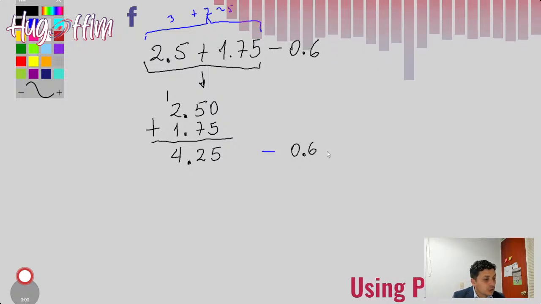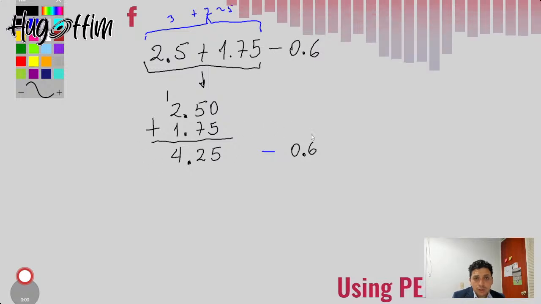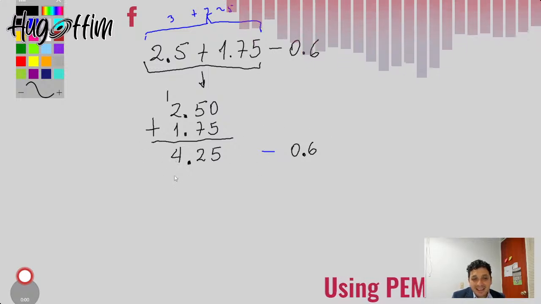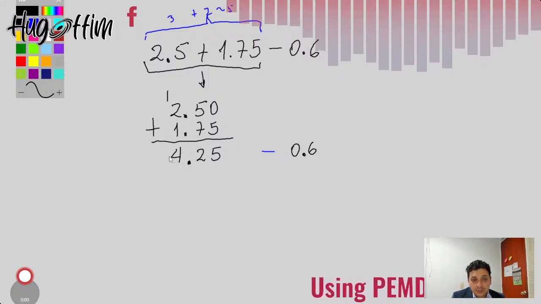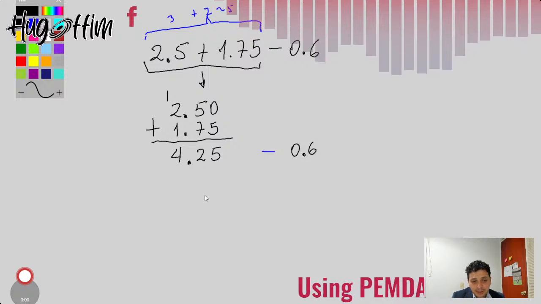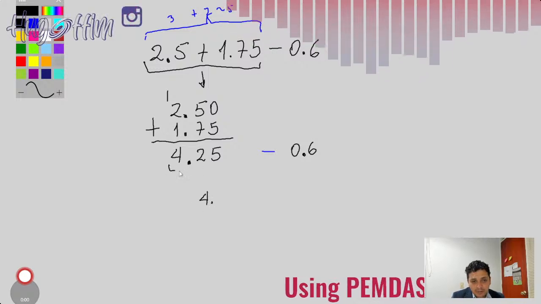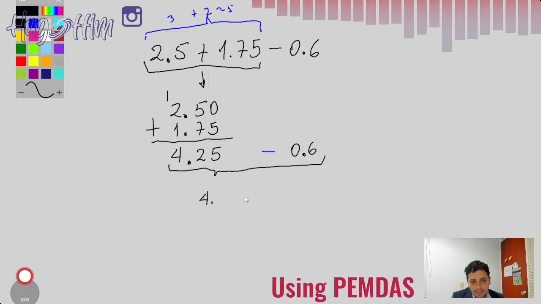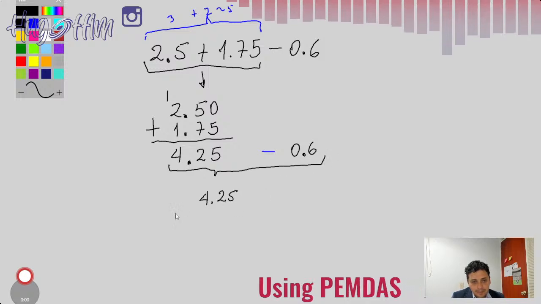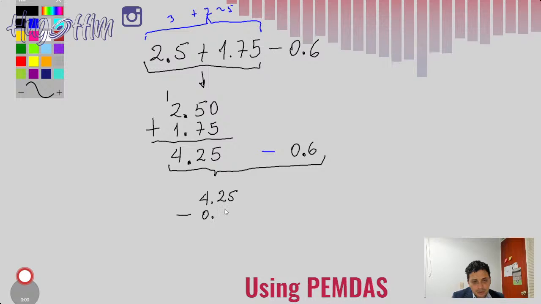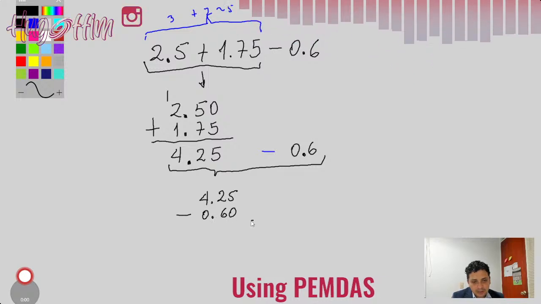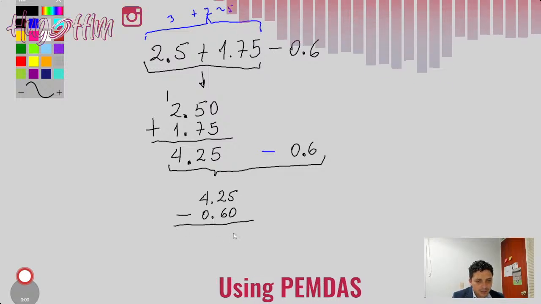Now if you're going to use column form, again, the highest number goes first. So I'm going to put the highest number here: 4.25 minus 0.6, and complete with zeros. So 5 minus 0 is 5.